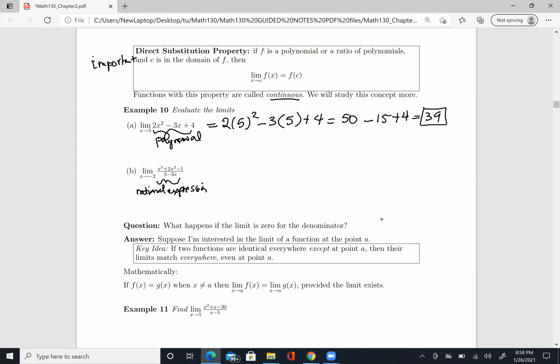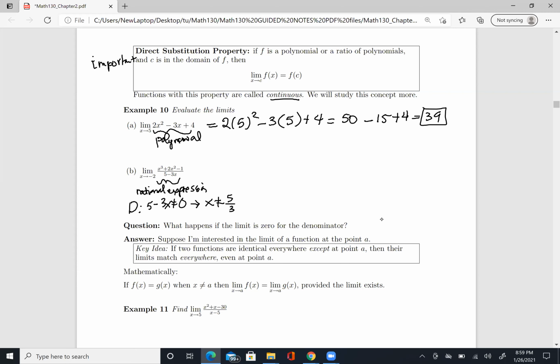So the domain is 5 minus 3x not equal to 0. What does that mean? x cannot equal 5 divided by 3. So that is the domain: it can be anything, but it cannot be that number.